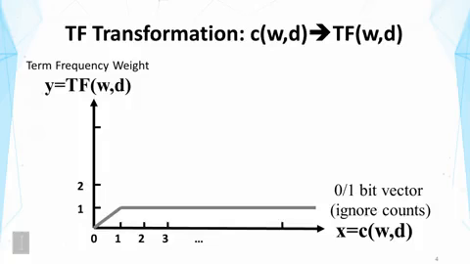In this case, we're going to say that any non-zero count will be mapped to 1, and the zero count will be mapped to 0. So with this mapping, all the frequencies will be mapped to only two values, 0 or 1. And the mapping function is shown here as a flat line.